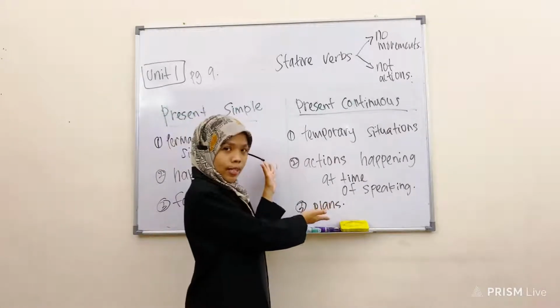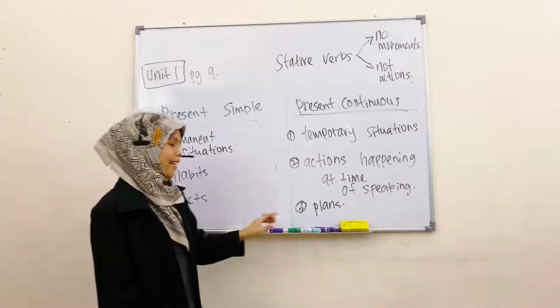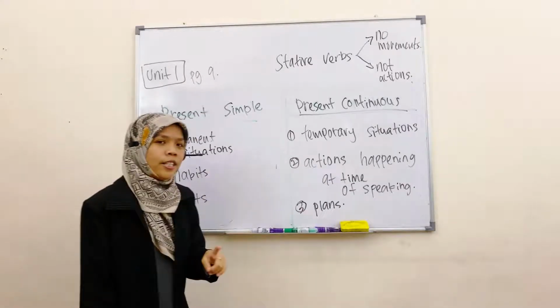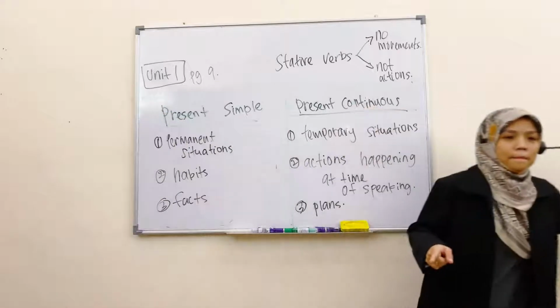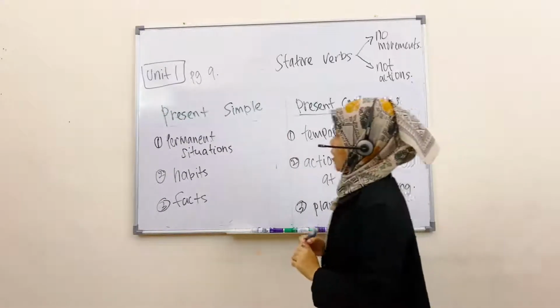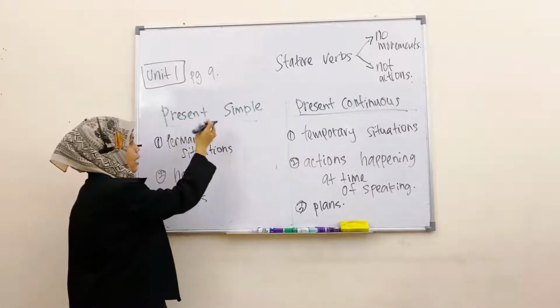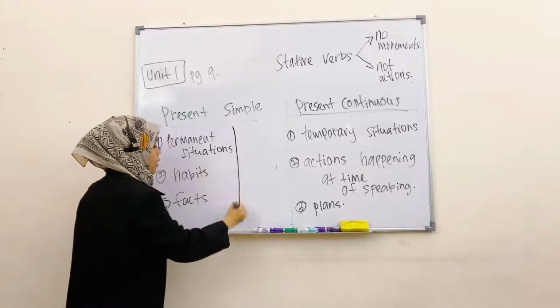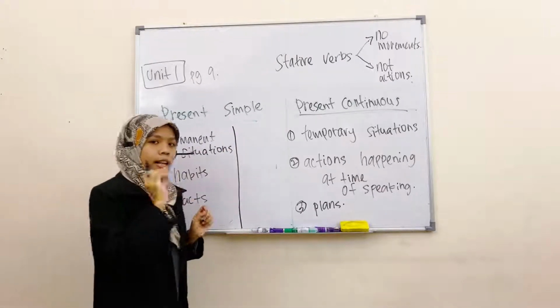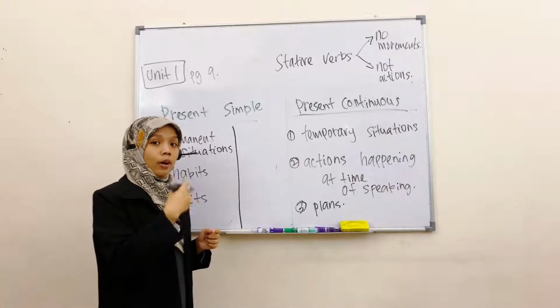Same goes with present continuous. But before that, let me look at the formation for present simple and present continuous. For present simple, there are actions where you need to put S, ES, or change to IES.